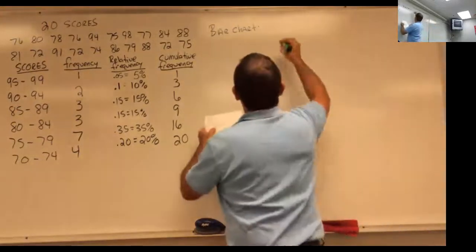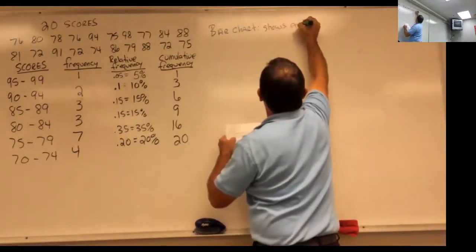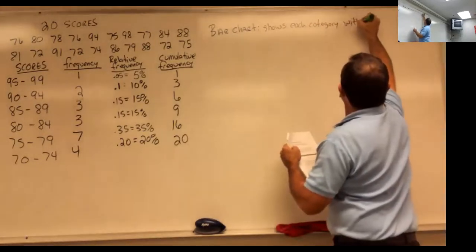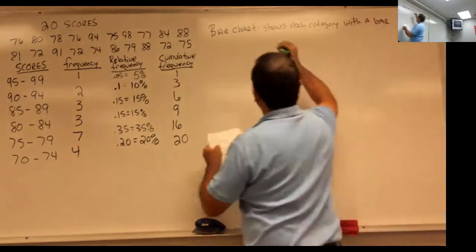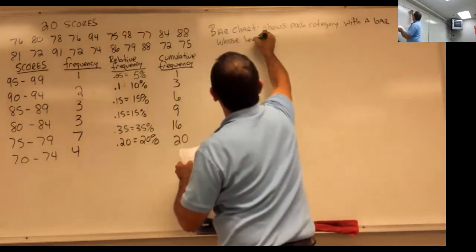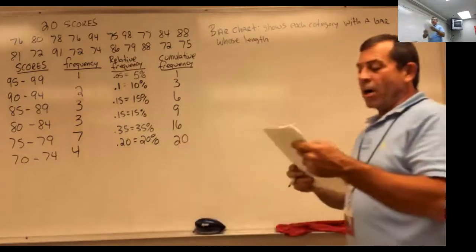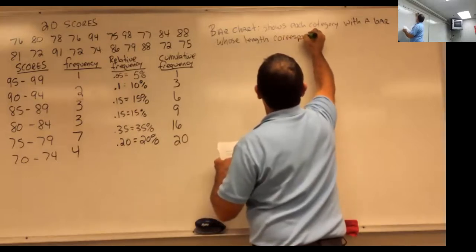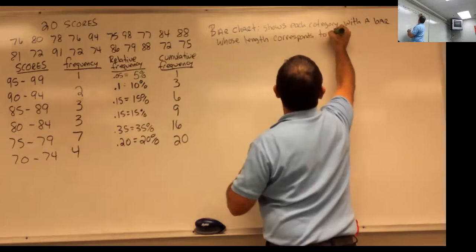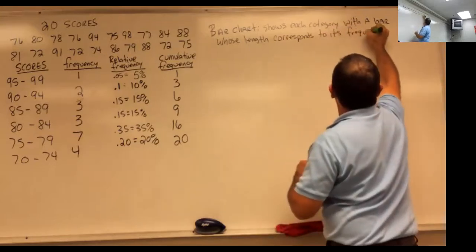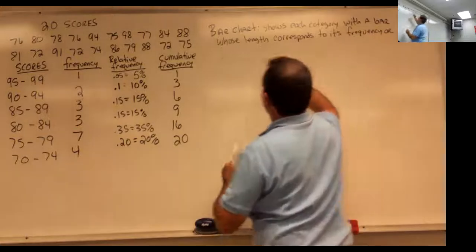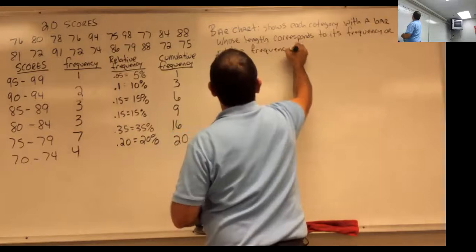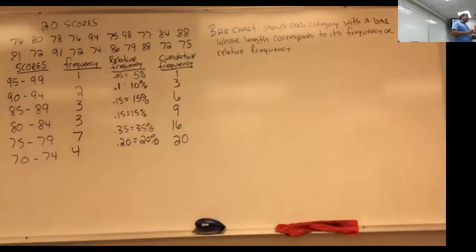It shows each category with a bar whose length corresponds to its frequency or relative frequency. Okay, so I'm going to try to draw one of these real quick.